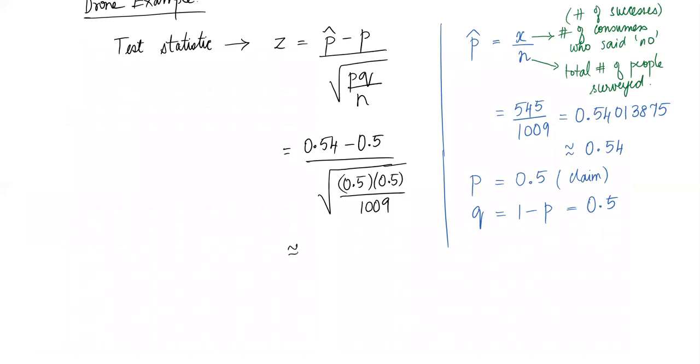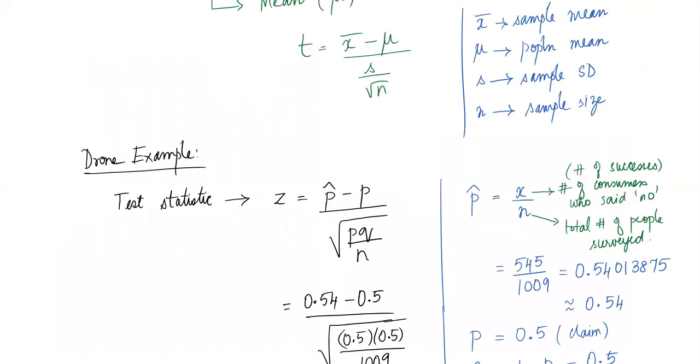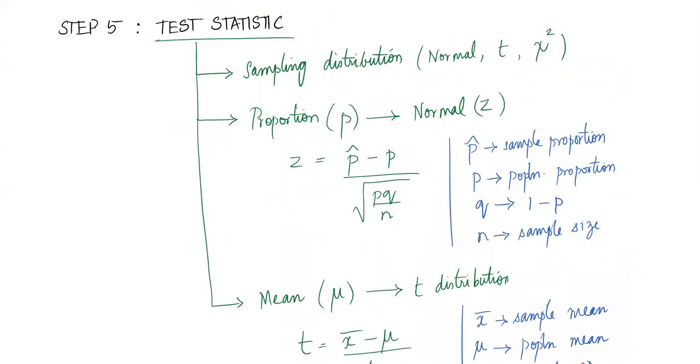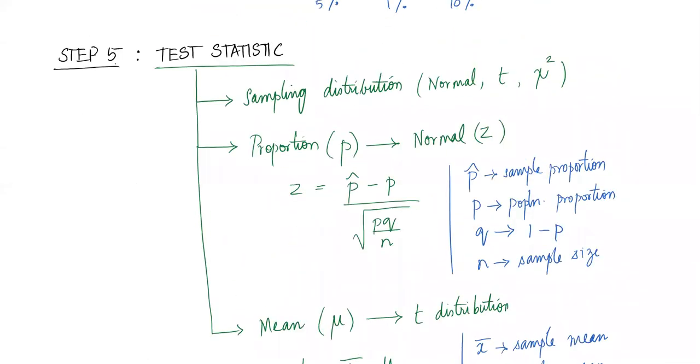So this will be rounded to 2.54. We will need this information when we draw the graph, because remember, your z is a value on the z scale. So we're going to position this 2.54 on that z scale and use that as part of our test now. But we're still in step 5.